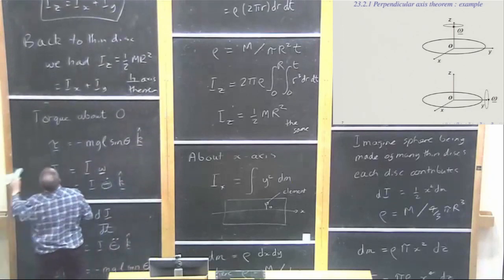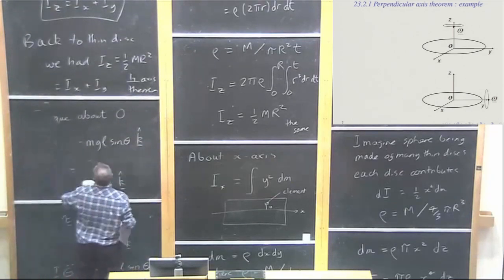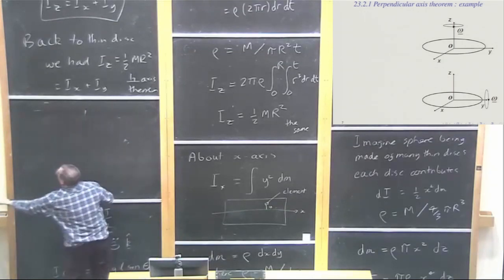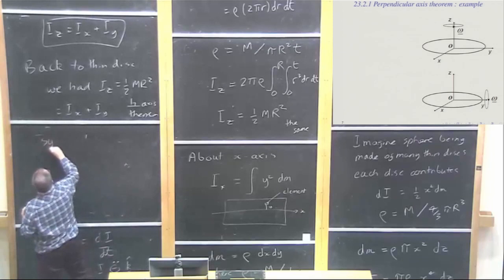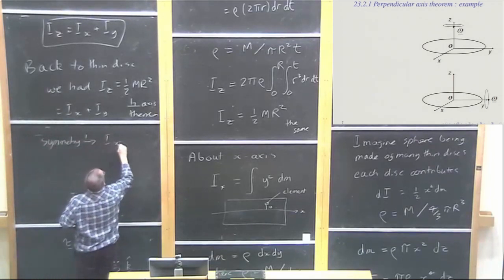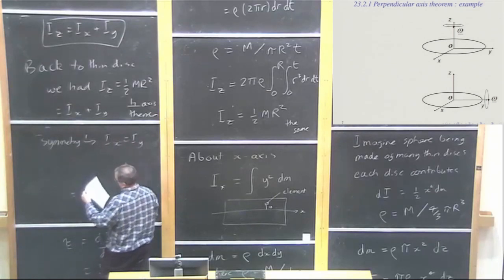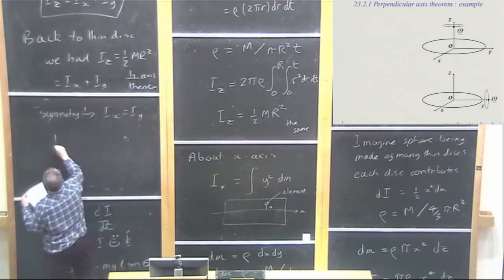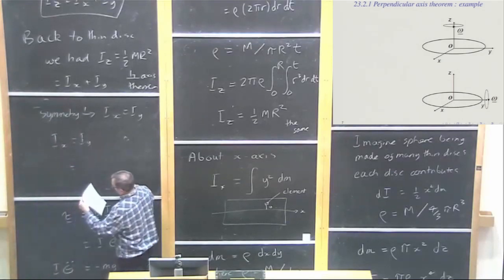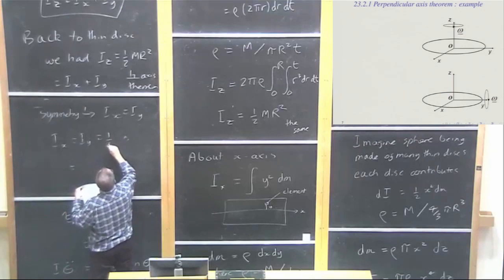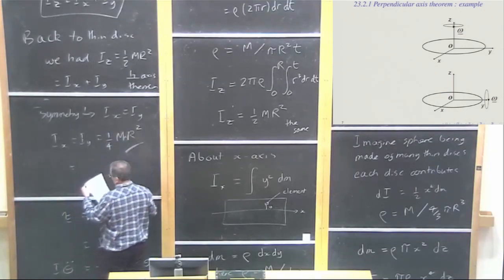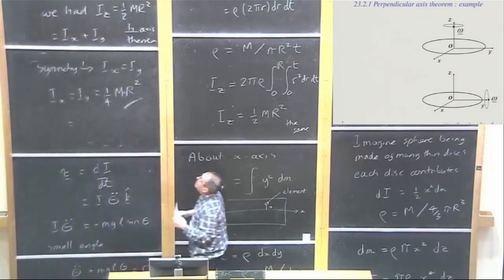Moreover, because there's nothing which distinguishes the y-axis from the x-axis, symmetry says that Ix and Iy are the same, and so by that theorem Ix is going to be a quarter m r squared. Okay, very, very simple.